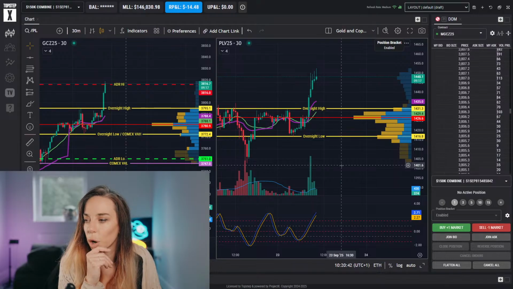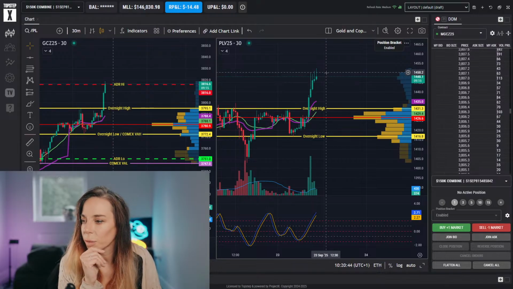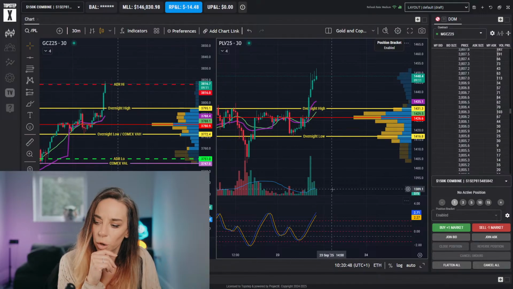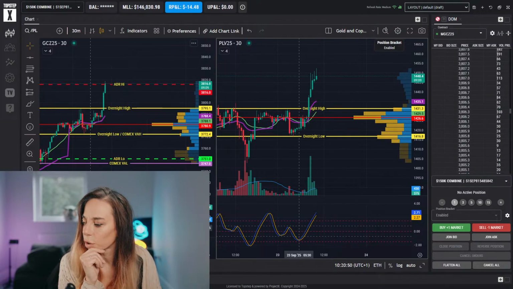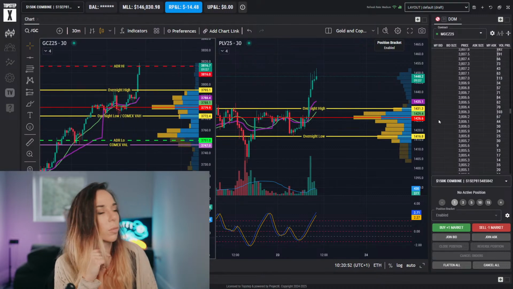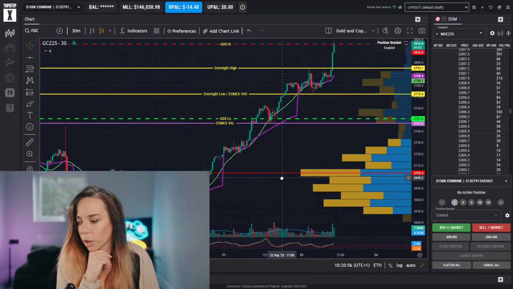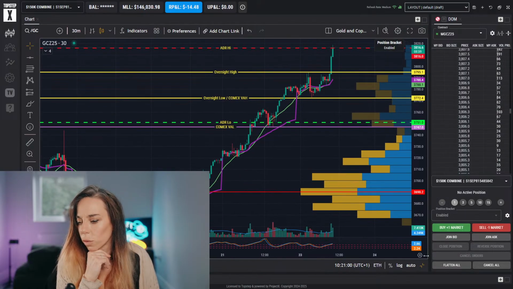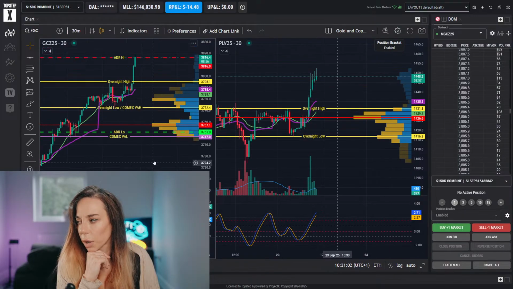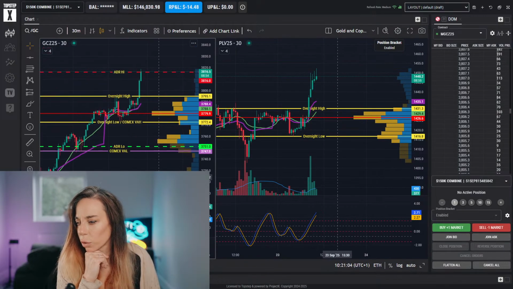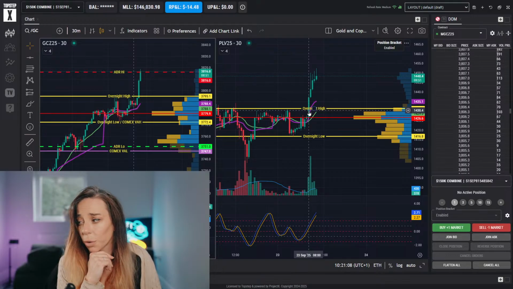And since that pop, it sort of climbed up a little bit more, but the volume is falling off. Whereas on gold, the volume is actually continuing to grow. So I would say platinum is probably weaker out of these two. And when did they break out? Platinum broke out first.